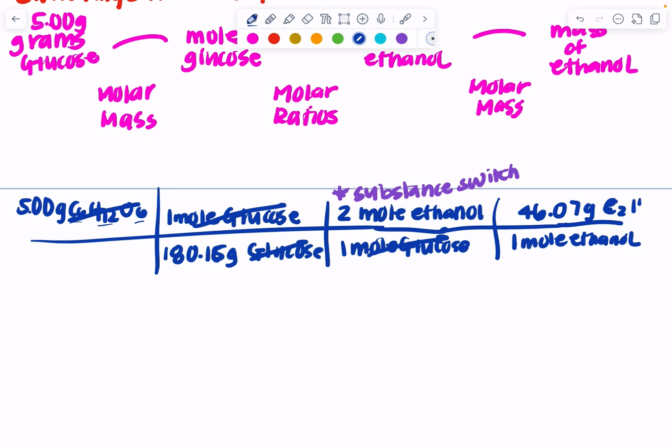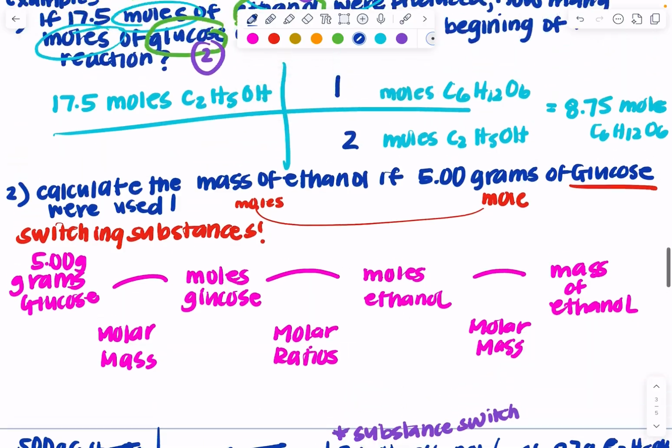And that's C2H5OH. If we did all this math right, we should get 0.00121 grams of C2H5OH.